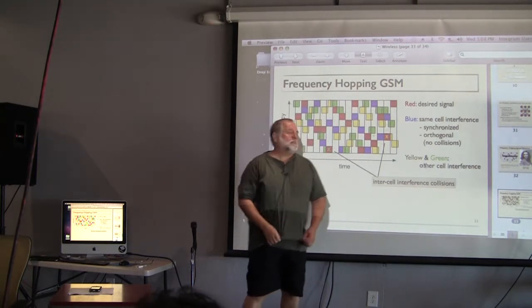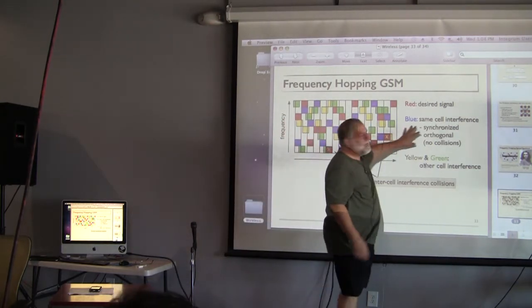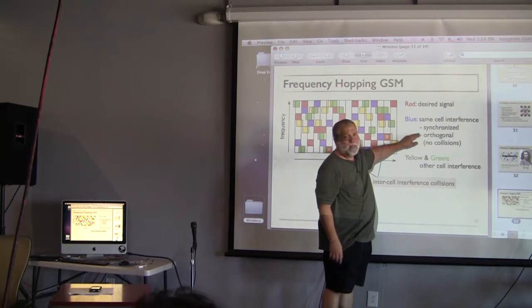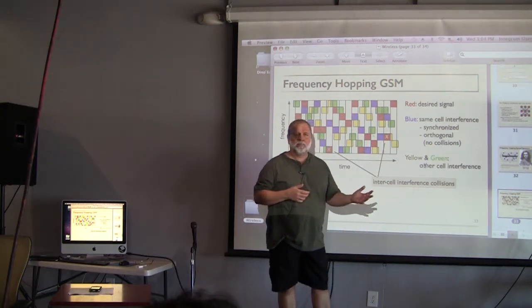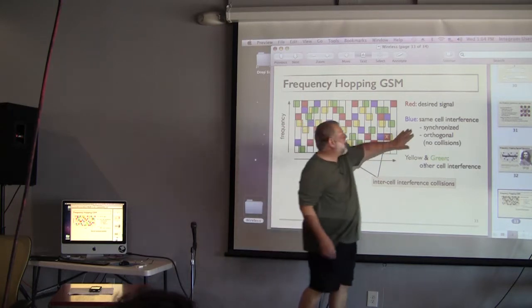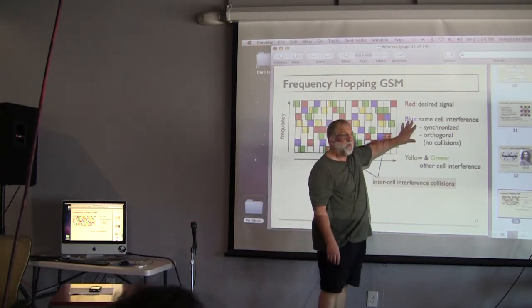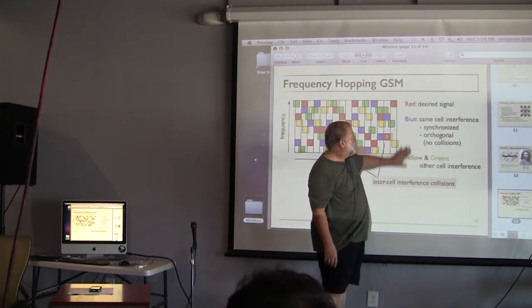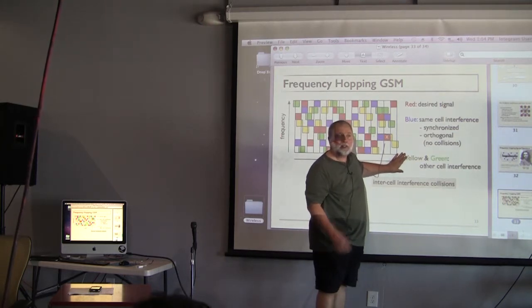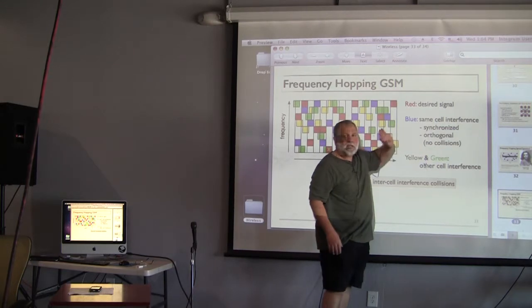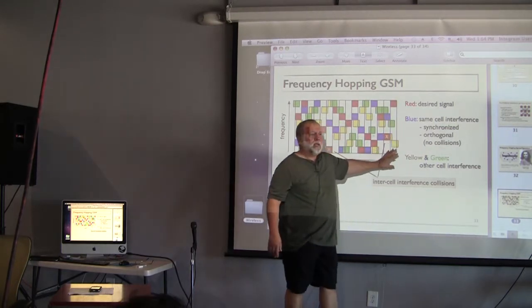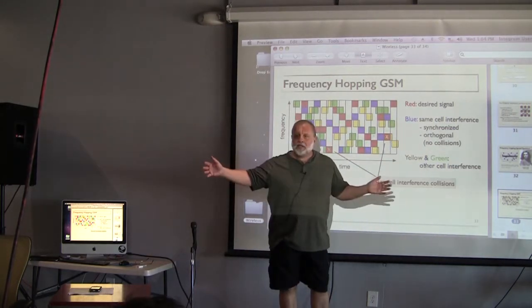And not only that, but we can be smart enough in the way we design our sequences to make them orthogonal, meaning that they'll never collide with each other. Now I can do that when I have transmissions from the same point, like the same cell tower. But when you go to the other cell towers, that's the inter-cell interference, that's where the synchronization and orthogonality goes away.